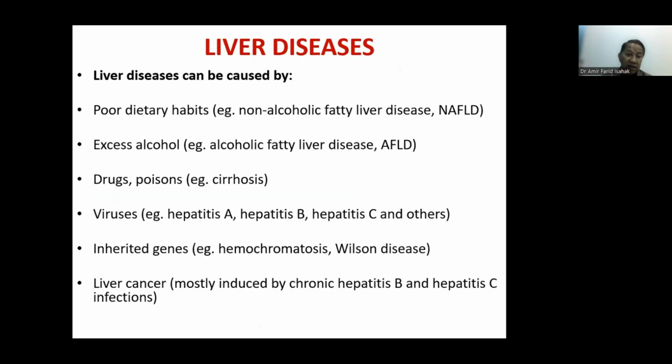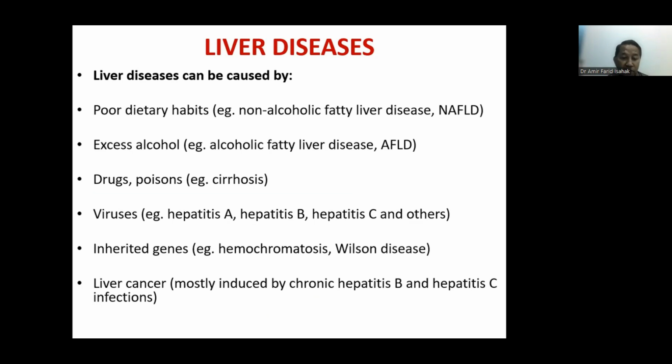So, liver diseases can be caused by poor dietary habits, for example, non-alcoholic fatty liver disease, which is very common. Excess alcohol can give rise to alcoholic fatty liver disease. And then you have drugs and poisons, which may end up with the liver becoming cirrhotic.